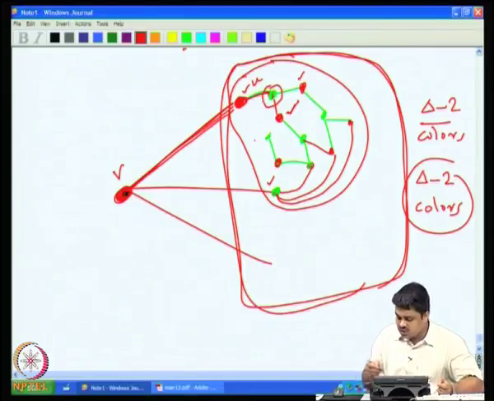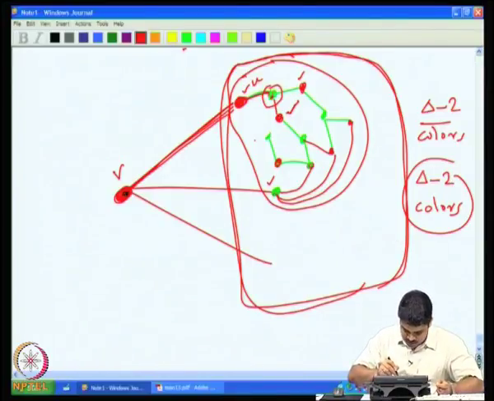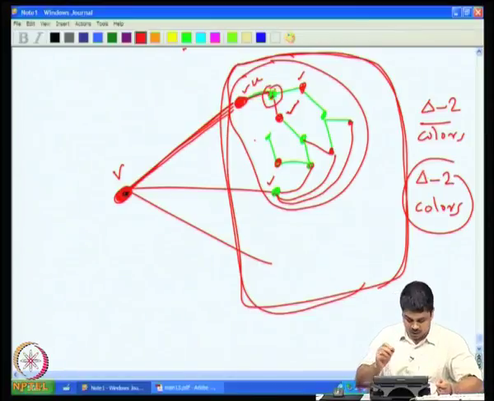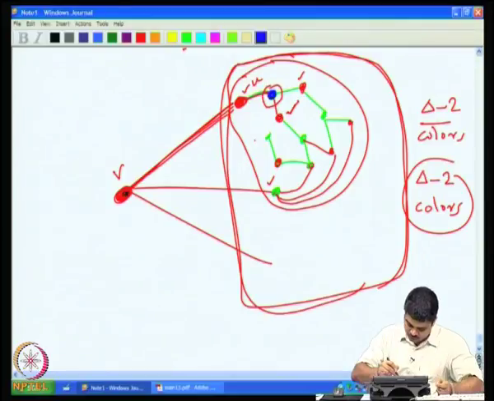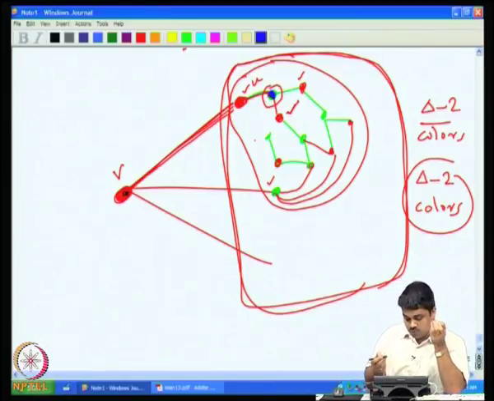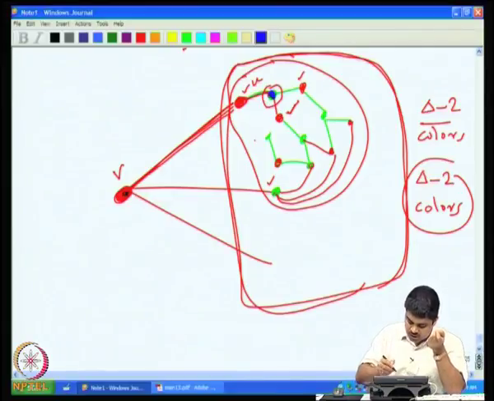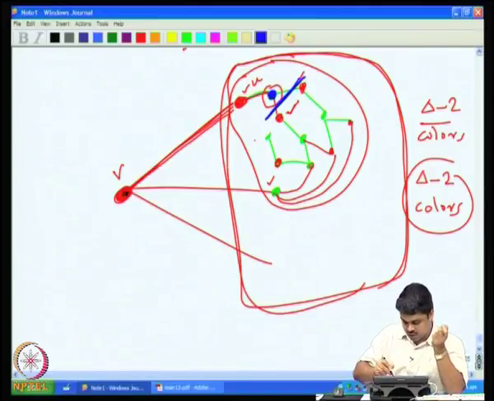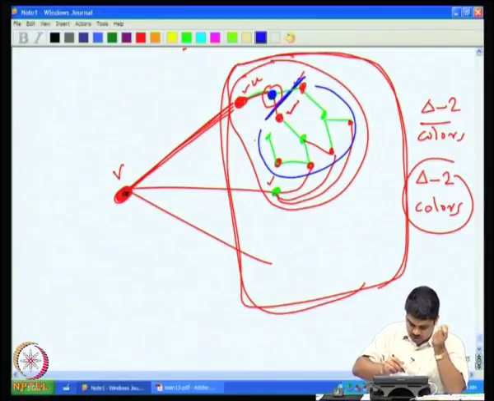So that means 2 colors are free, but out of the 2 colors, one is already there, the green color, so there should be one more color. So let's say this is blue, then we could have given blue here, right? If it is blue, then there is no problem, this gets disconnected from the rest of the red green thing, so I can safely change this to green.